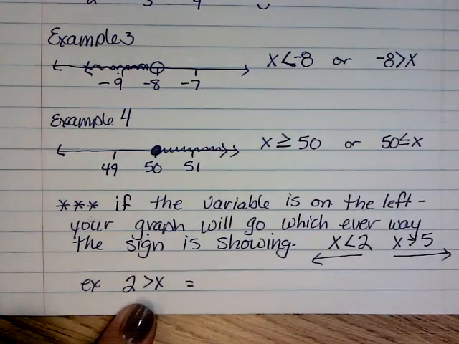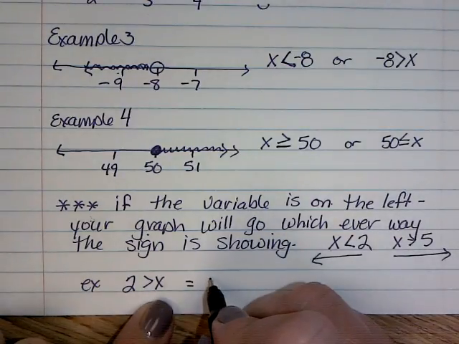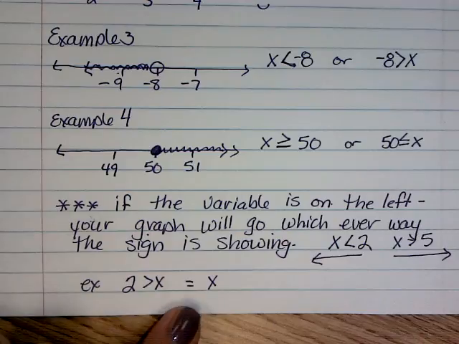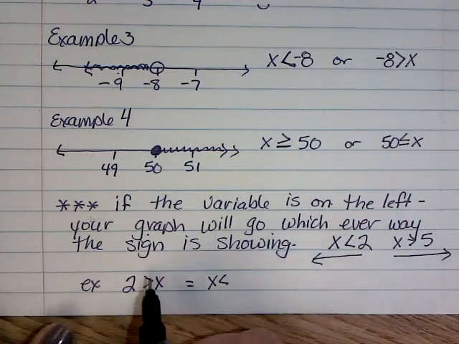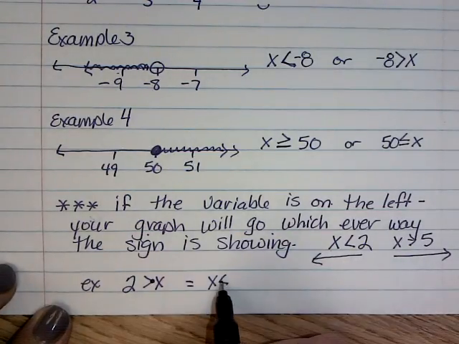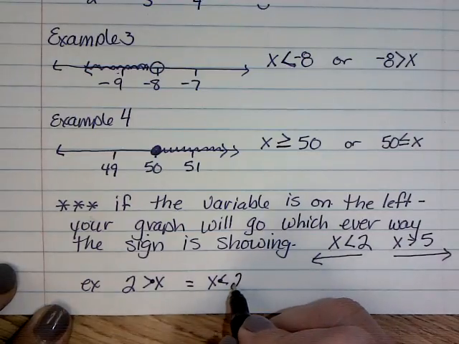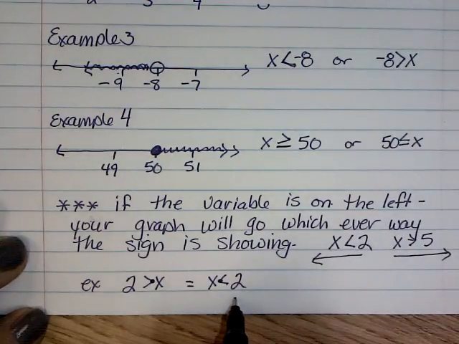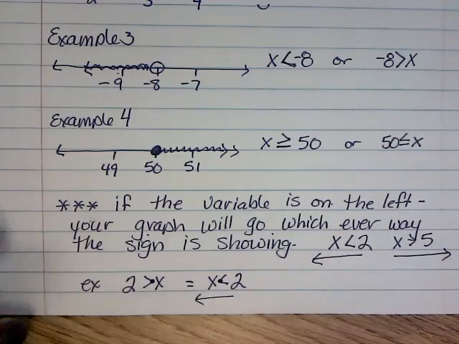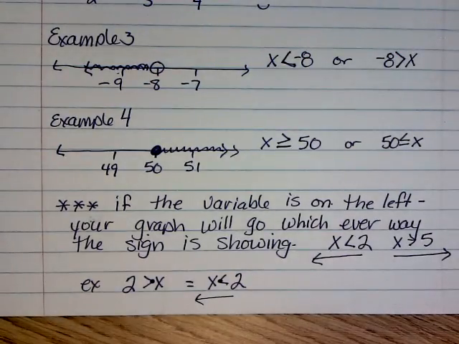I'll give everybody just a few moments to rewrite this in the proper way where your x is going to be on the left side. Okay, perfect. So my x is going to come first. Skinny part's pointing to my x. See how the skinny part's pointing here? Skinny part's going to be pointing here. And 2. So that means when I do my graph it should be going in that direction.